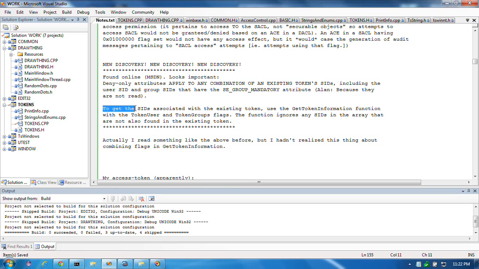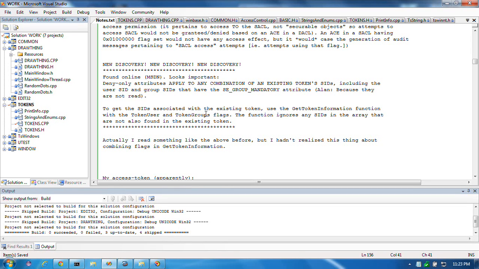Now, this second part was the other thing. You see how confusing this is becoming, because we started out with the one single number and it was unique and everything was fine. Now suddenly there are 13 identifiers, right? And all acting and doing different things. Now to get the ones that are associated with the existing token, it says, call the token information with user and groups flags.